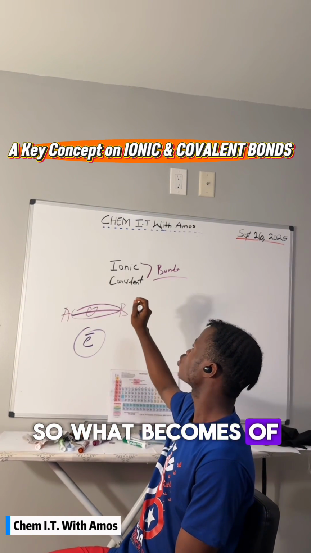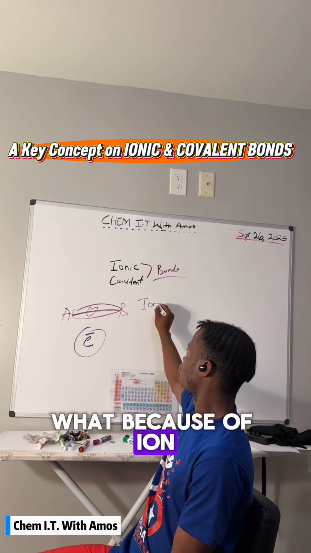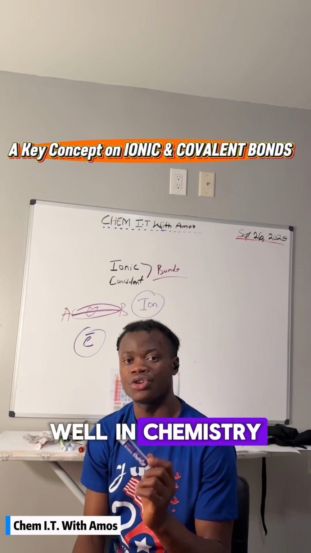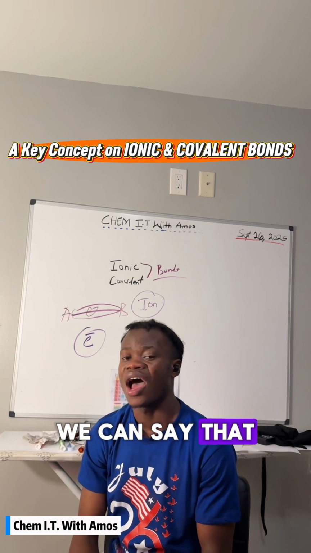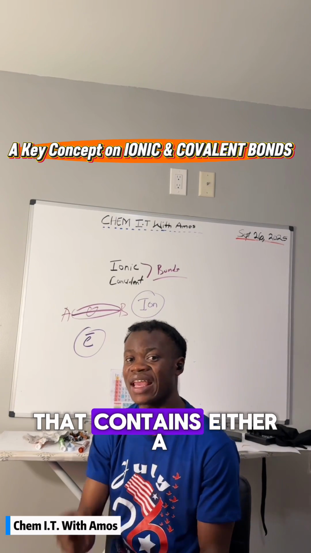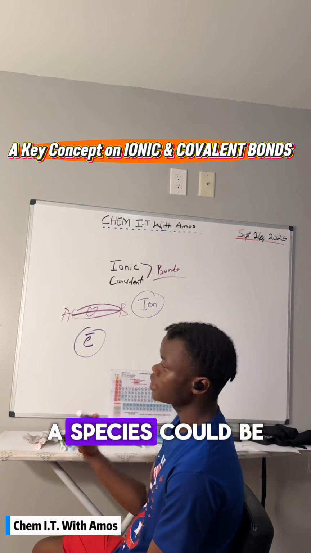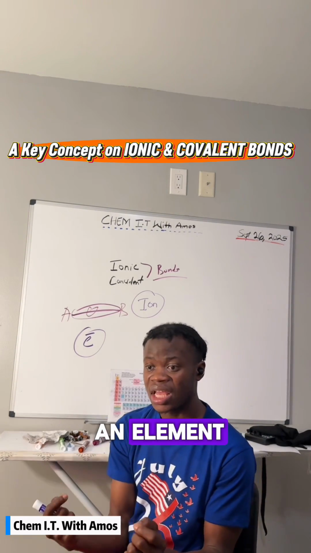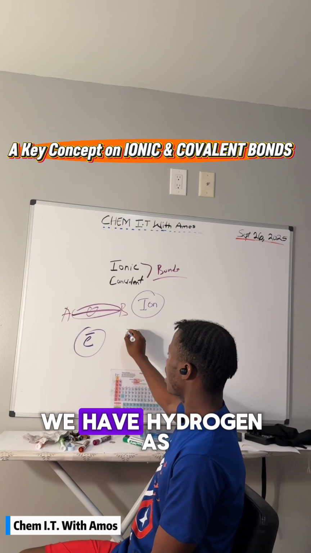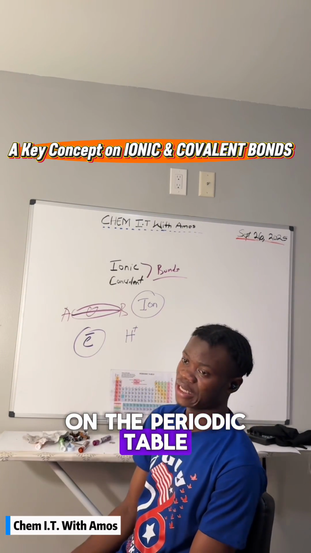So what is an ion? Well, in chemistry, we can say that an ion is a species that contains either a negative charge or a positive charge. A species could be an element or a compound. Let's say, for instance, we have hydrogen as the number one element on the periodic table.